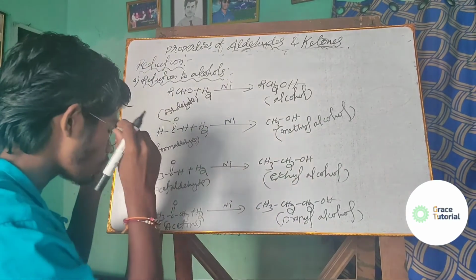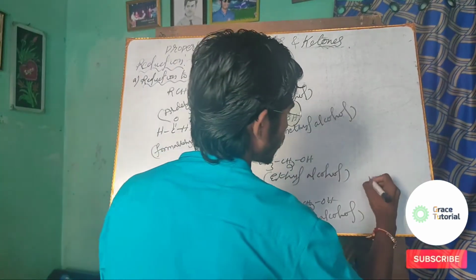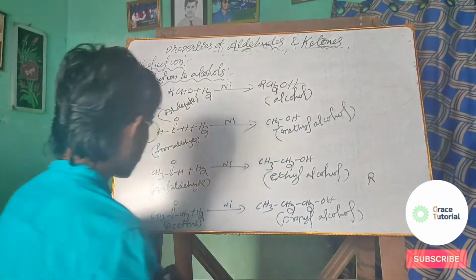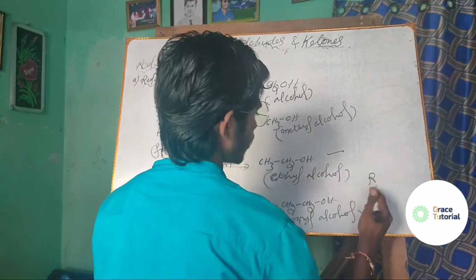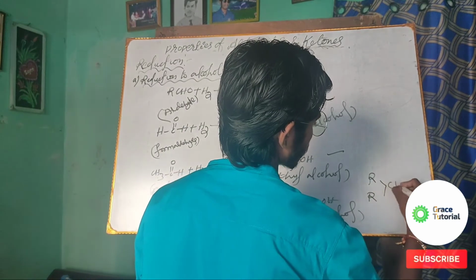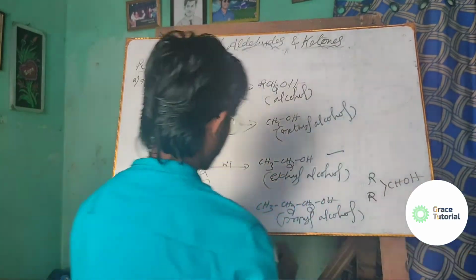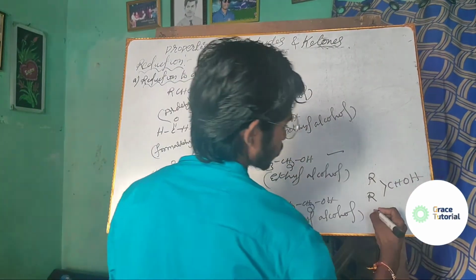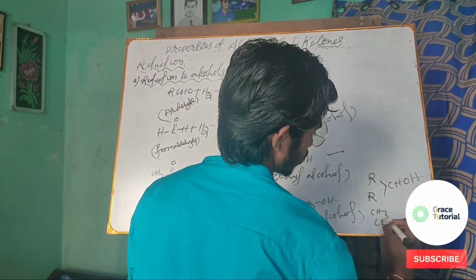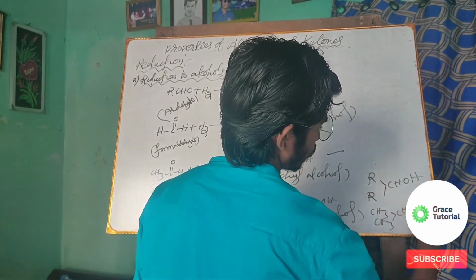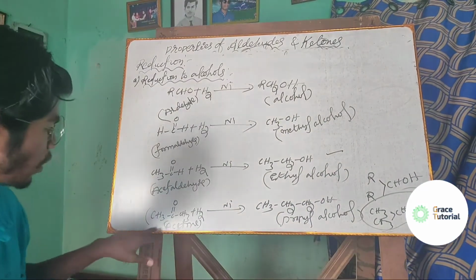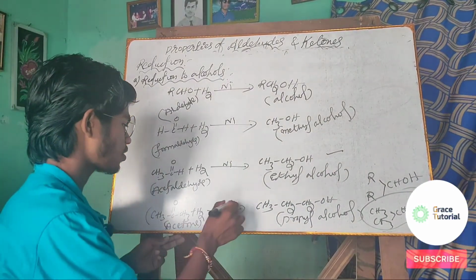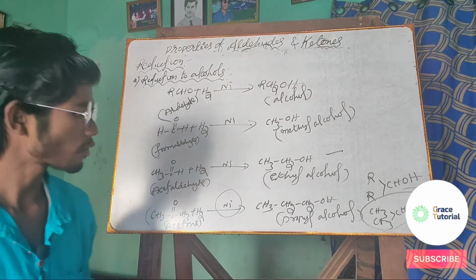Otherwise, since two alkyl groups are there, it gives a secondary alcohol, that means R2CHOH. So R, R means here CH3, CH3, CHOH. This secondary alcohol is obtained when acetone is reduced with nickel catalyst.